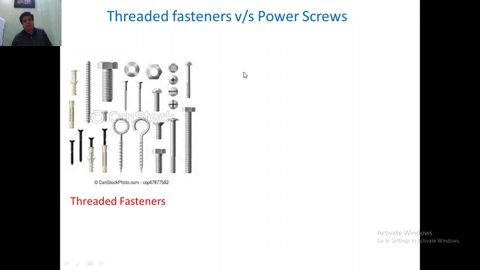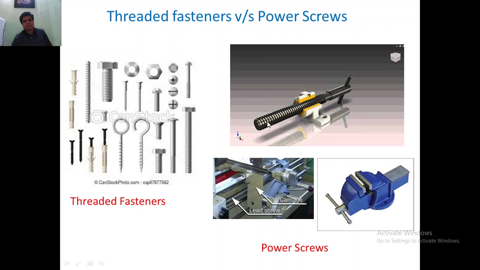But power screws are also elements which have threads, and as the name indicates, they are used to transmit power or motion in a mechanical system.